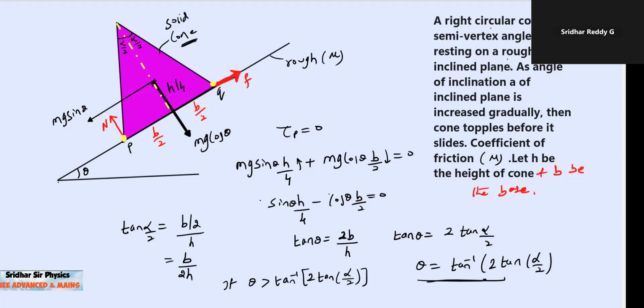Here b by h equals tan alpha, 2 into 2, 4 will come. The cone will topple about P.